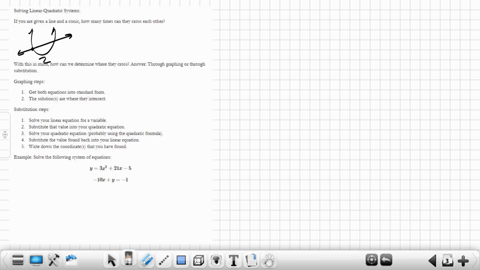Once. Zero. They could cross once, twice, or never.